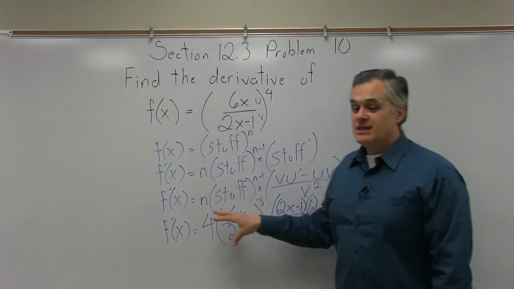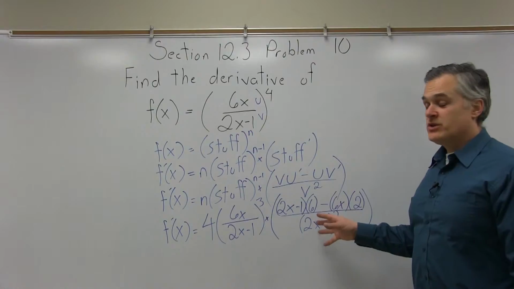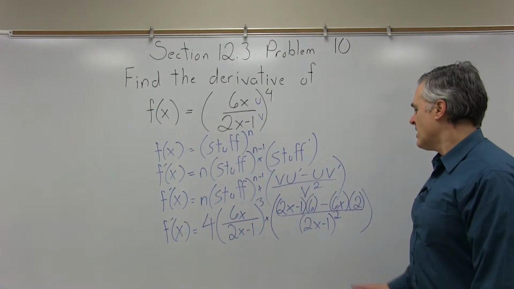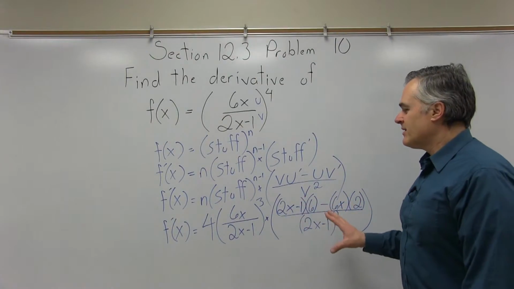Now this is the answer. If you like, you can simplify it. At this point, it's good. If you need to, you can start putting in values for x and simplifying it. But I can clean it up a little bit.